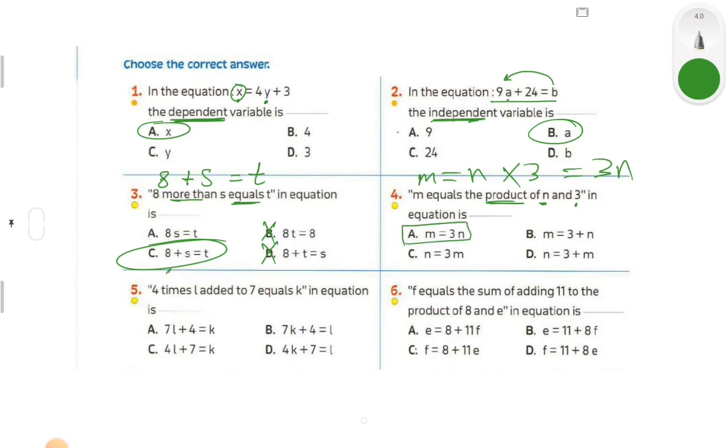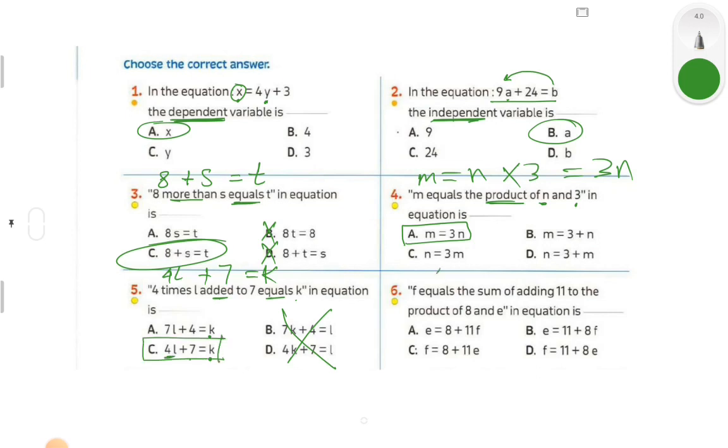5 times L, that means 5L. Added to 7 equals what? K. So which one is correct? Of course not the one with L alone, I have K alone. 4L plus 7, that's the correct choice.